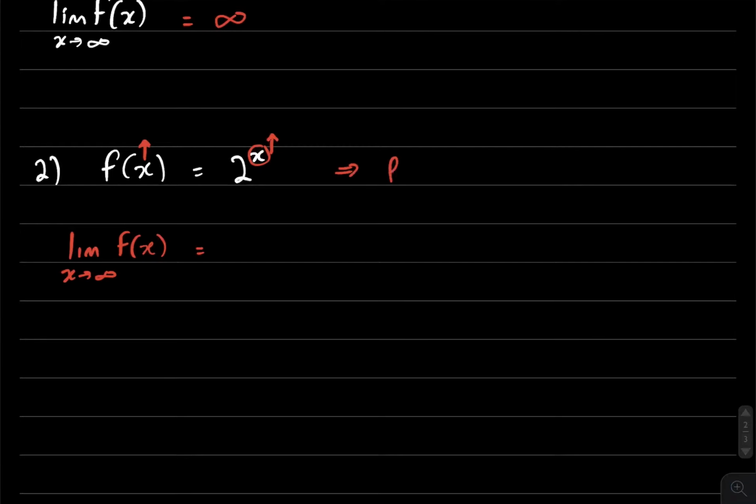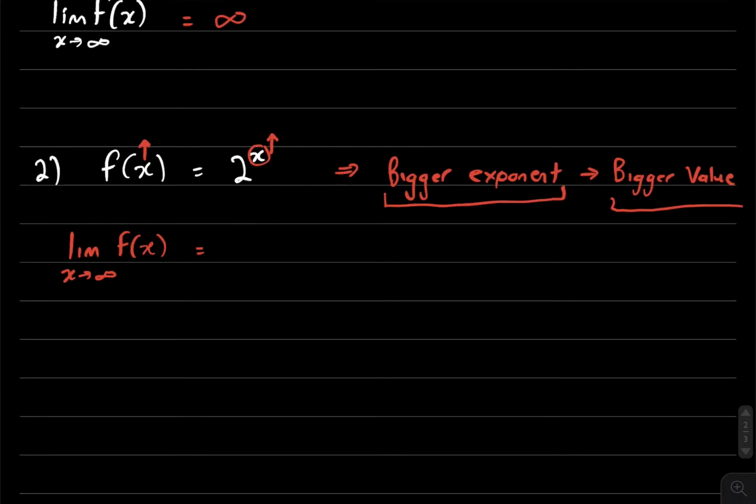So we know that a bigger number in the exponent gives us a bigger answer or a bigger value. So we can imagine that as this exponent approaches huge numbers like 1,000, a million, a trillion, we will get a very huge value here as our answer. f of x will get very big.